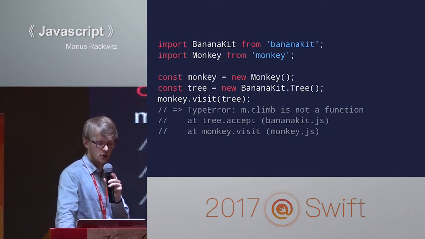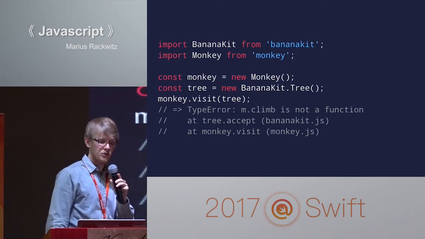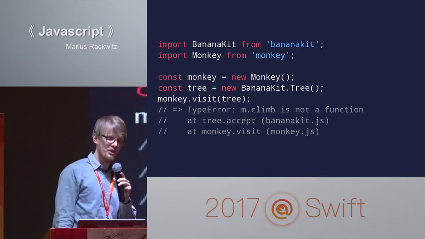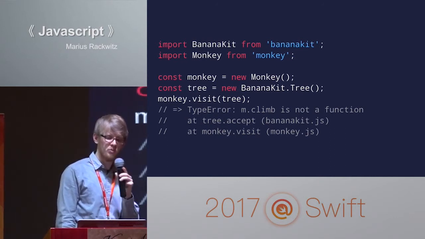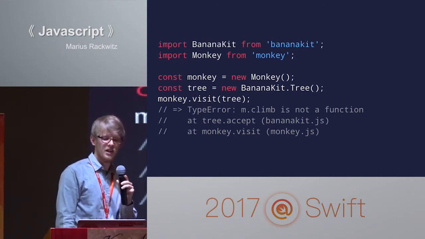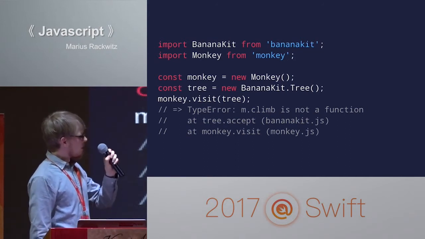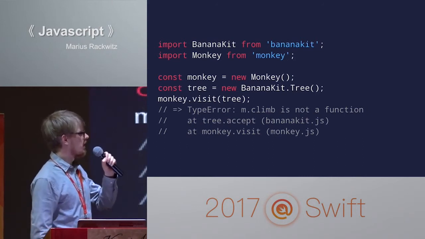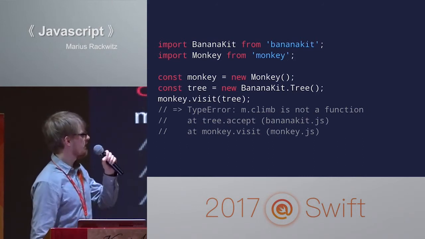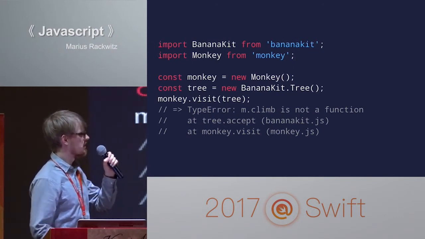So if in our app code we are using both libraries, and using the monkey of the older library, and want to let it visit a new BananaKit tree, which is expecting the new monkey, this could lead to an error, because the BananaKit library is using just what it gets from the runtime, which is the old school monkey, which doesn't know about climbing. So if it wants to let it climb, that wouldn't work.